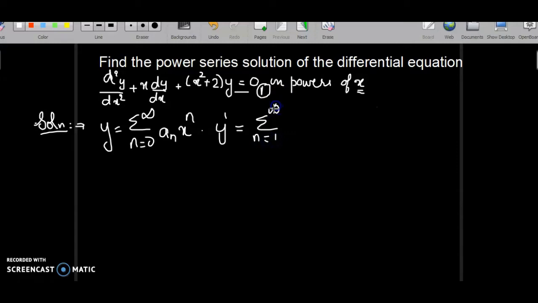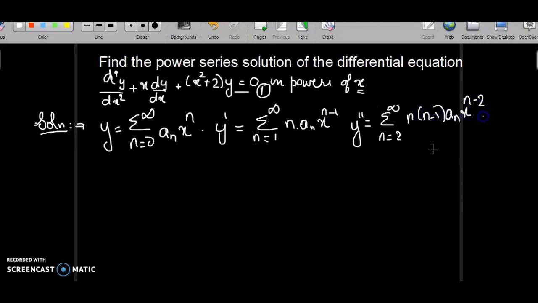That is Σ (n = 0 to ∞) n aₙ xⁿ⁻¹, differentiating the inner term of the summation, and y'' will be Σ (n = 2 to ∞) n(n − 1) aₙ xⁿ⁻².